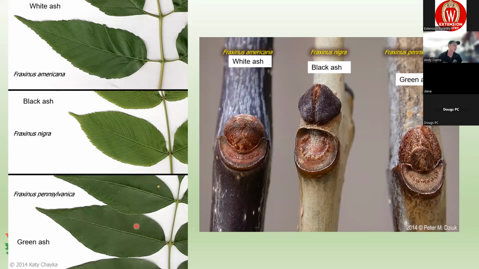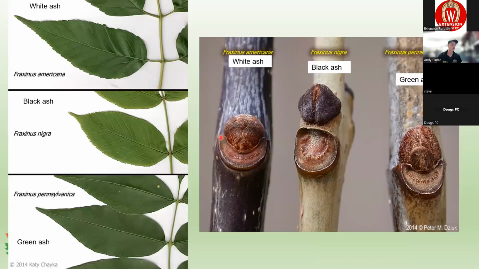I'm surprised it says leaflets have petiole, because those are pretty small petioles to me. But the biggest thing for identifying ash species really is this leaf scar. So now you can see that smile-shaped leaf scar. Definitely looks like a smile on the white ash. Black ash is kind of shield-shaped.